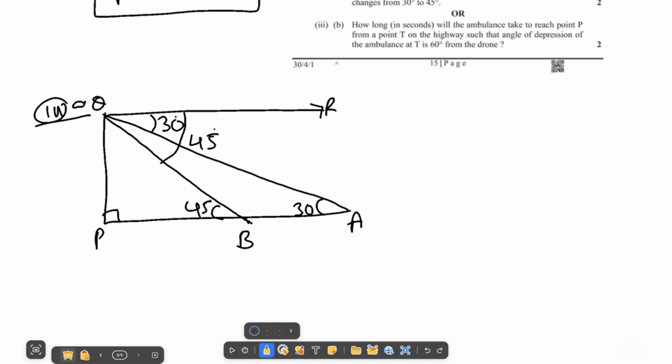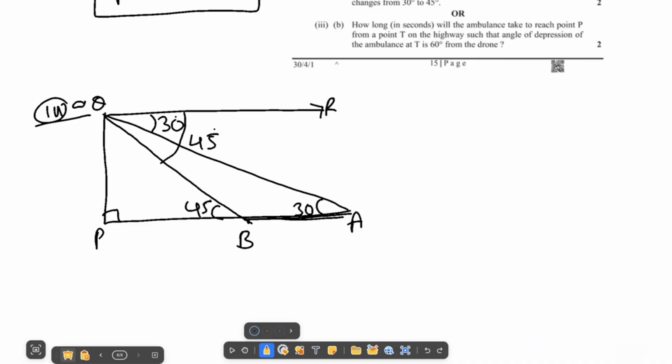So now what we have to do? We have to find the distance between A and B. We already know the PA distance. First of all, let's find the PB distance. PA minus PB will give us BA.